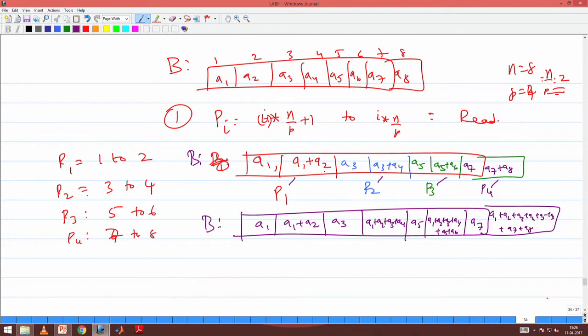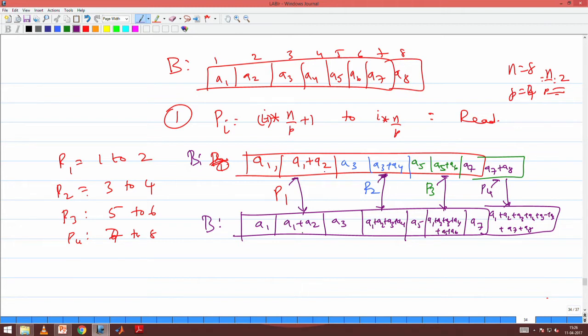This is what will be there in B, because it does the prefix of 1, 2, 3 and 4. Those things would be saved in this location. This is a prefix sum.